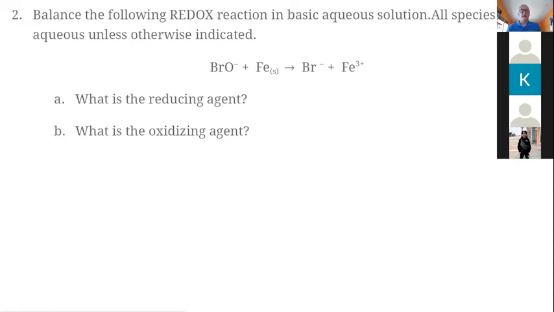We have bromate ion, we have solid iron, and then we get bromide ion and iron 3 ion as products. So what is the oxidation number of the iron here?